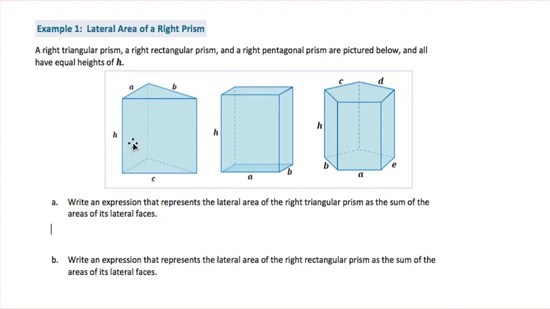So in the triangular prism, each of these lateral surfaces, and there are 3 of them, so 3 times the measurement of the lateral face, which is actually h times c. So 3 times hc will be the area of the lateral face.